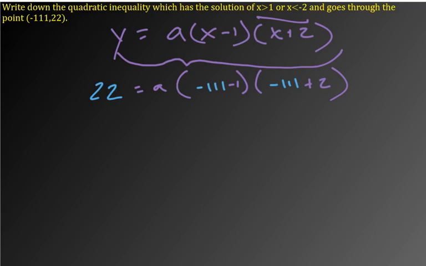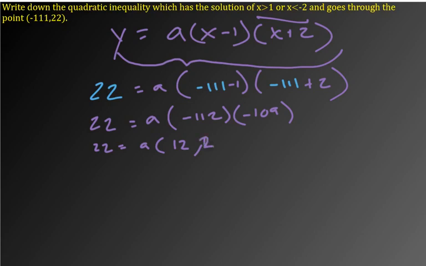So if I just subtract this, I get -112 here, and here I get -109. And then if I multiply those out, I get positive 208. And that means the stretch factor in front is 22 over 12,208. And that probably reduces because they're both even, but it doesn't matter.